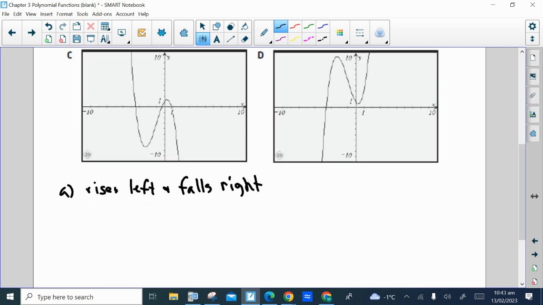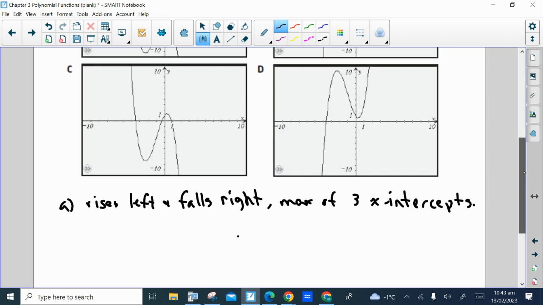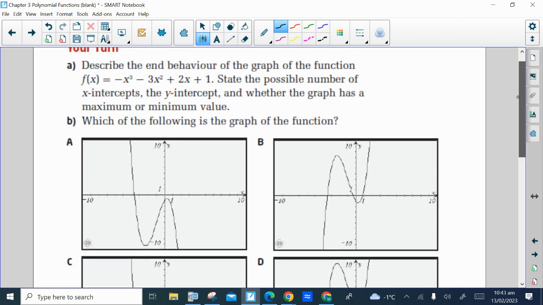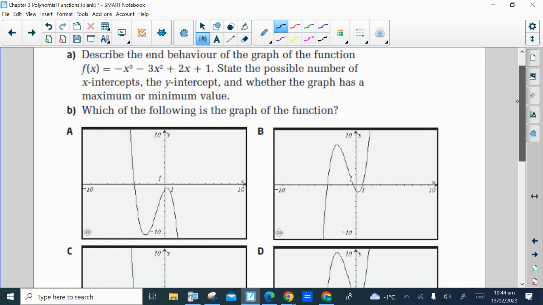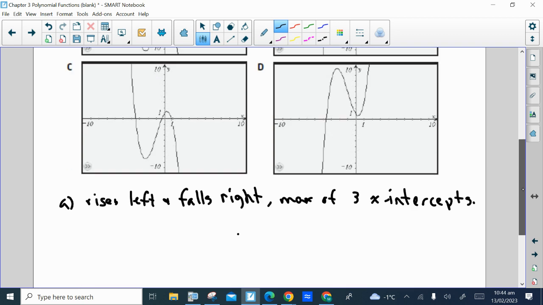So therefore, it's a third degree polynomial, which means we'll have a maximum of 3 x-intercepts. Again, the degree tells us that. The y-intercept would be, again, the constant term, positive 1.